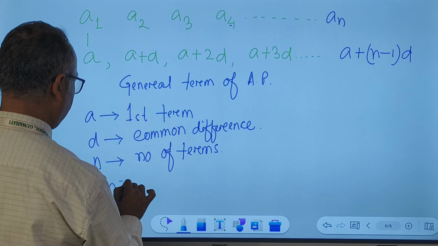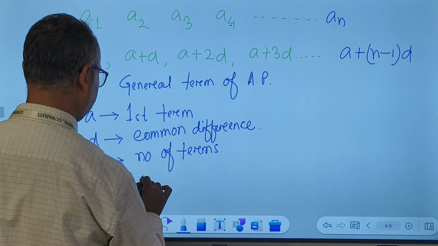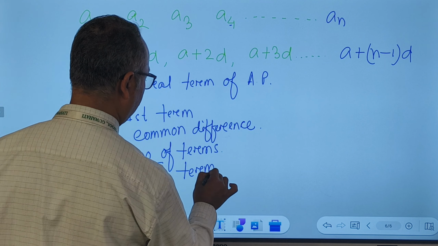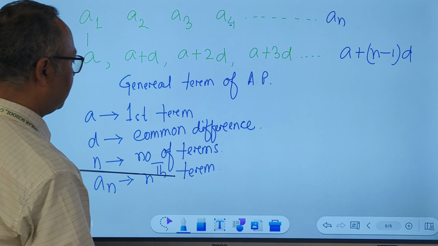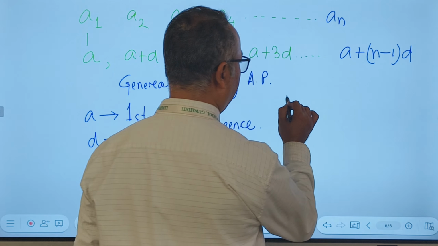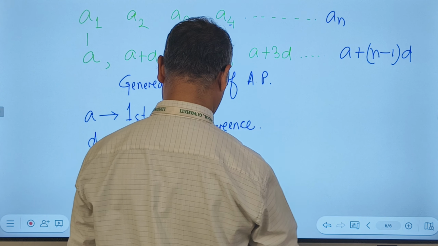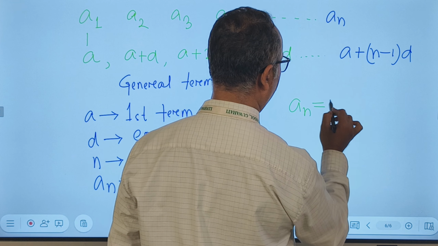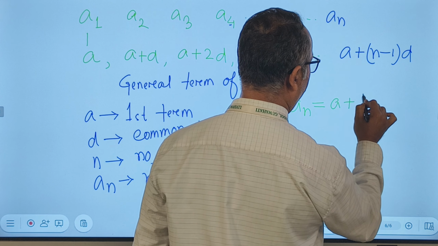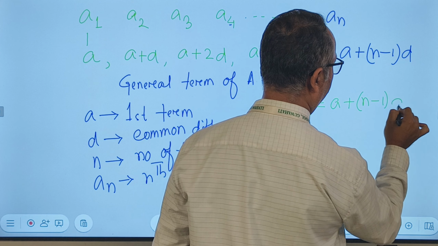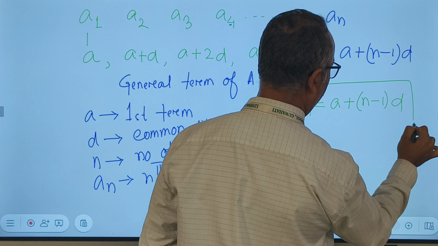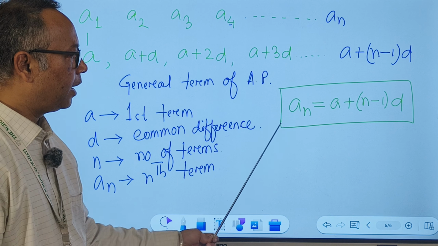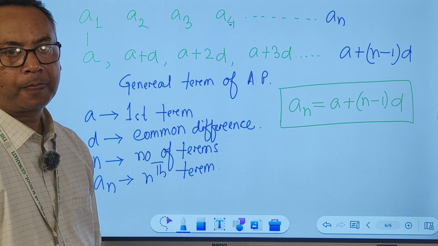So this is how actually we can find the nth term. So ultimately, an is a plus n minus 1 d. This is how we can find the nth term by using this formula.